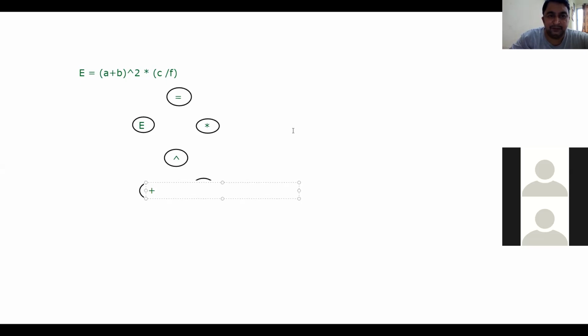So plus will be the major operator, and for this plus I will have two other nodes, one is A and the other one is B. So this is my A and this is my B. Right. So you need to draw this as well. The lines you need to connect. That is very important as well.